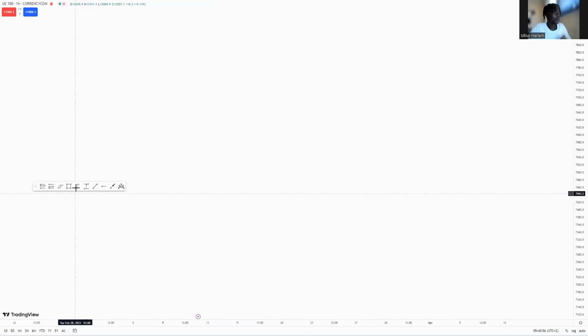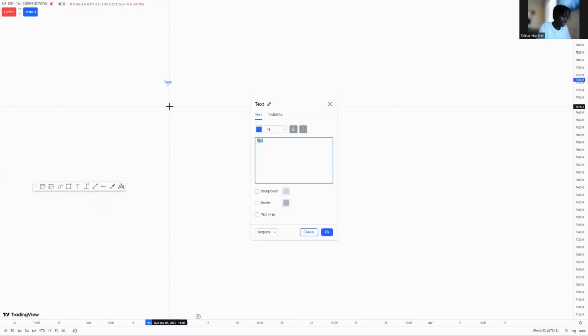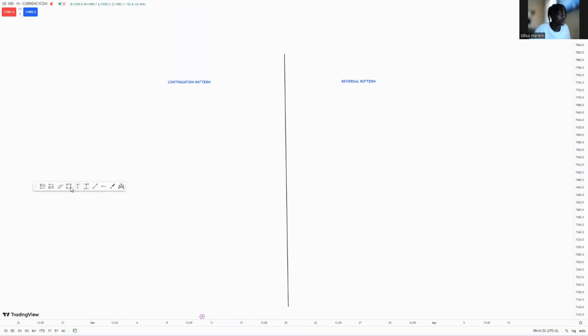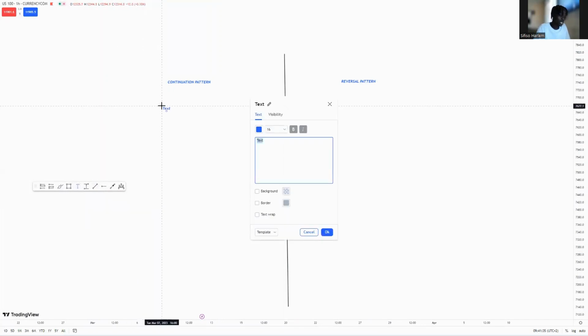So now on my side, I have a continuation pattern, and then on my left, I have a reversal pattern. So my continuation patterns, I have a bullish and bearish flag, right?